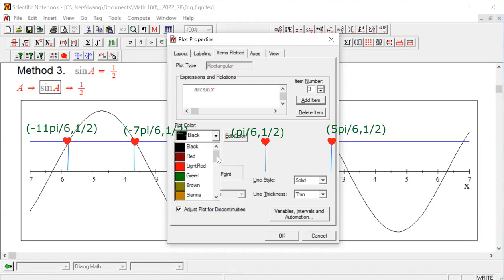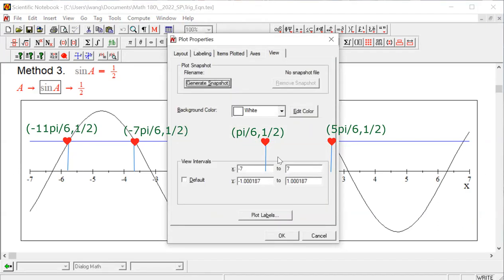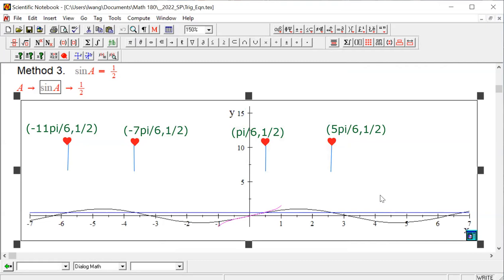I'm going to use purple. There we go. Of course, I could have made it taller. Negative 1.6, 1.6. So this is better. Oh, geez, sorry.